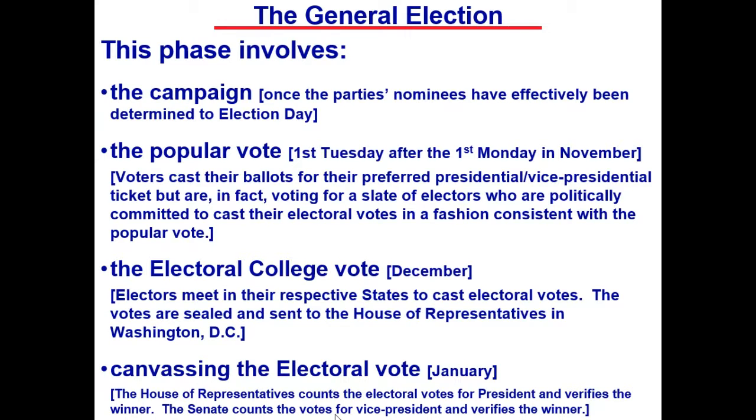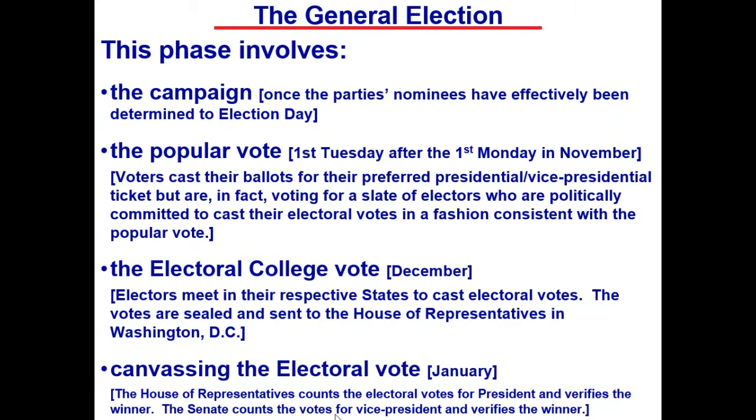In fact, some of you may remember the date because there was some sort of Capitol storming incident related to this. Congress canvasses the votes and certifies the winner, the House of Representatives for the presidential election and the Senate for the vice presidential election. So that's the calendar, so to speak.